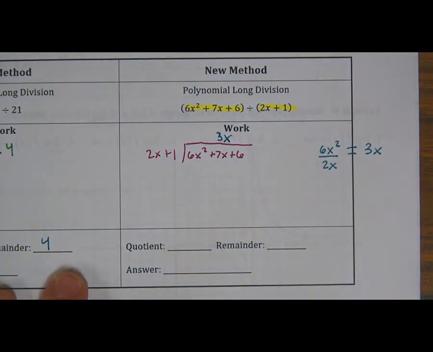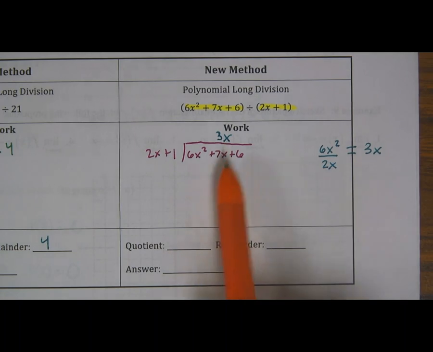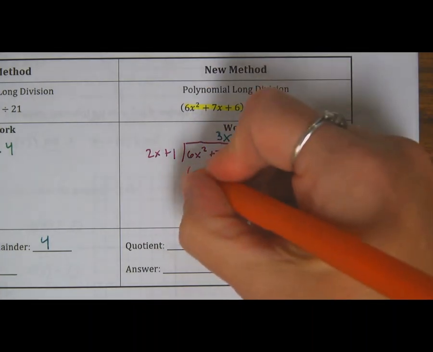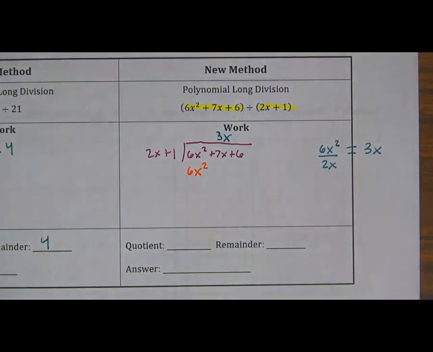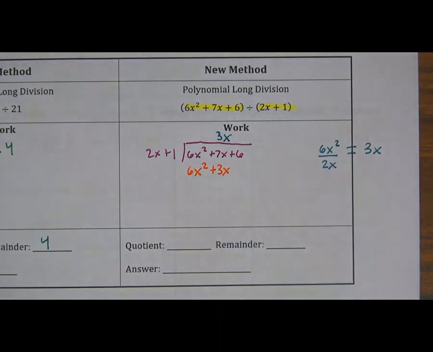Lining things up is going to be helpful to you today, and I'll tell you why in a little bit. Technically, what we then do is distribute that back out because we have to subtract the product. So 3x times 2x is 6x squared, and 3x times 1 is positive 3x.